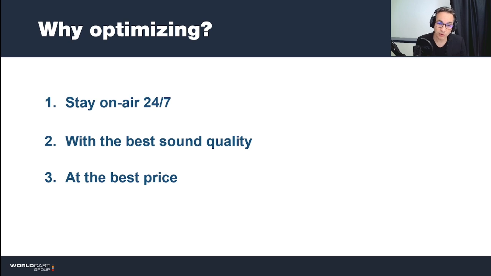Okay. Second point is the sound quality. We want our listeners to get a great audio, and we want the broadcasting chain to be as transparent as possible, not to affect or not to add noise to our station. We want listeners to have the best quality possible. And of course at the best price, because we want to reduce our cost, and cost is always an issue for an FM station. So let's see how to optimize this.